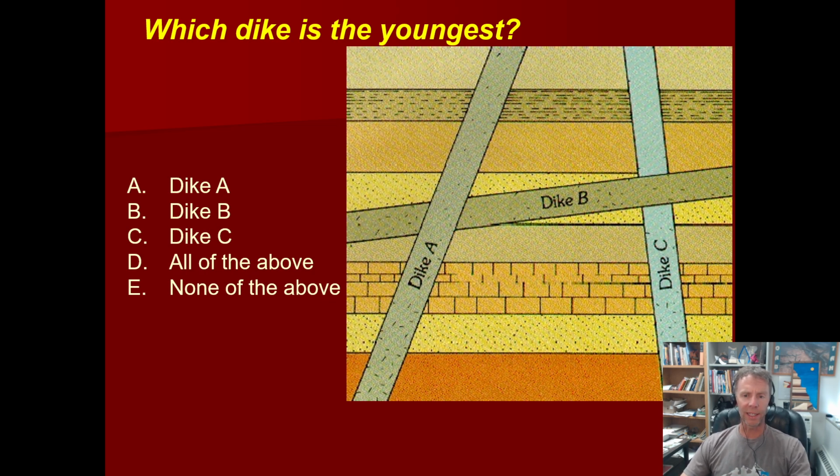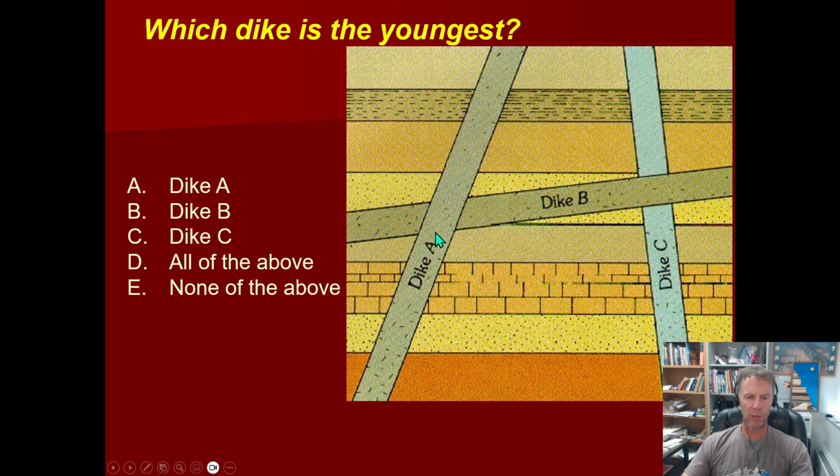Okay, so this is a fun example of using different relationships. We're again going to use cross-cutting relationships, but remember we can only really compare two specific geologic features to each other using cross-cutting relationships.